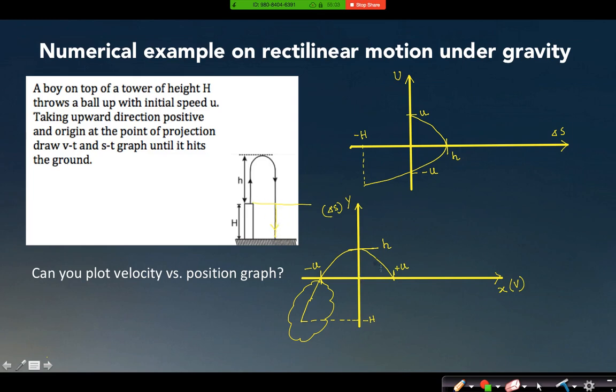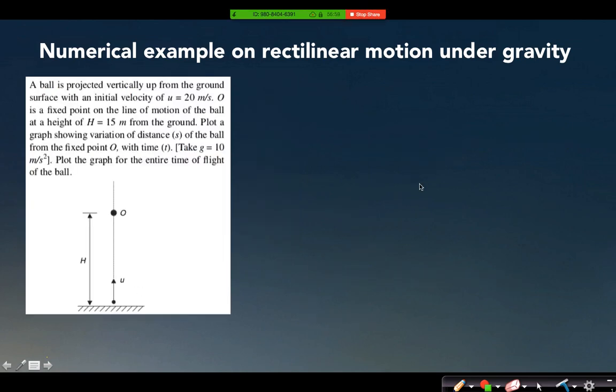If you only keep your graph in first and second quadrant, your displacement is only positive or 0. You can only show displacement negative in third quadrant or fourth quadrant. Right? Okay, I hope it is clear to all of us. All right.